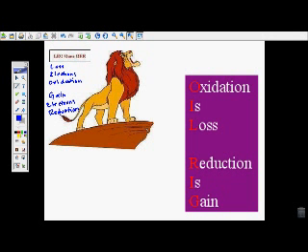Another way to remember it is oil rig. Oxidation is loss, reduction is gain. And of course this is of electrons.